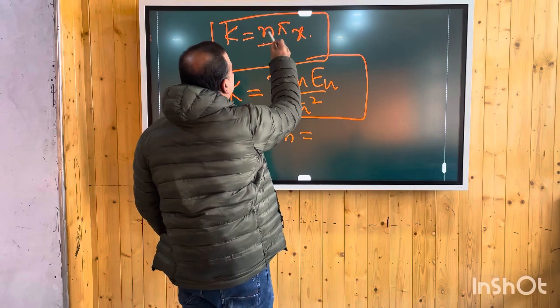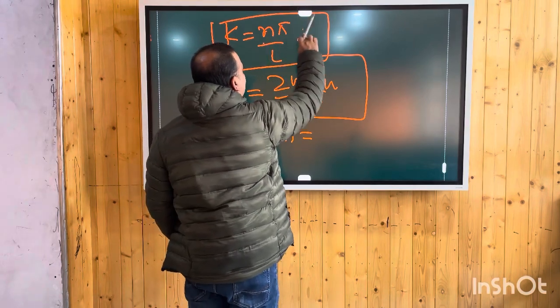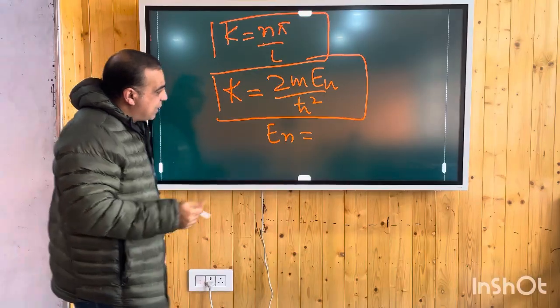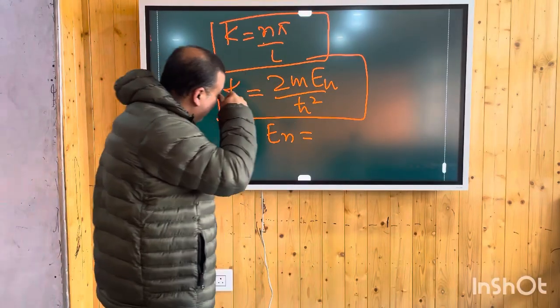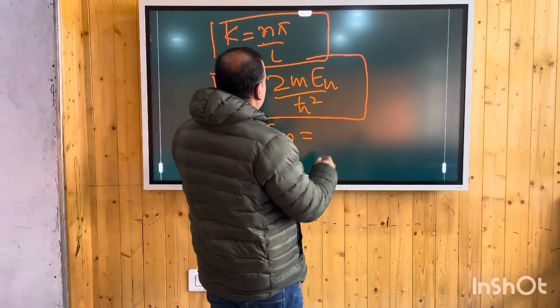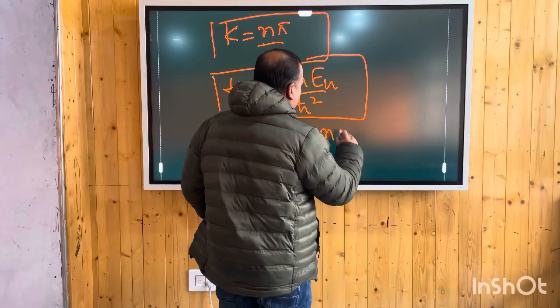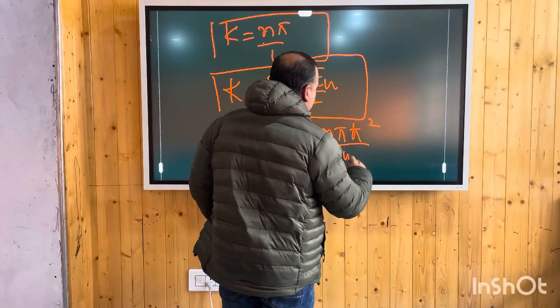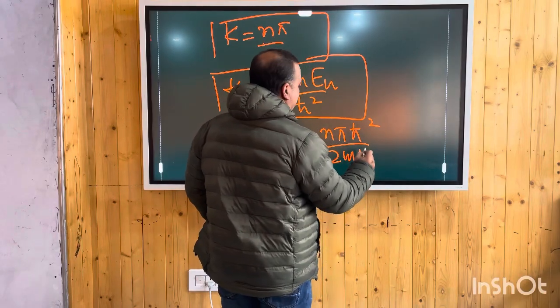This is n pi by L, not x. K is n pi by L. It comes from the boundary conditions. We have discussed it in the previous interaction. So En will be what?